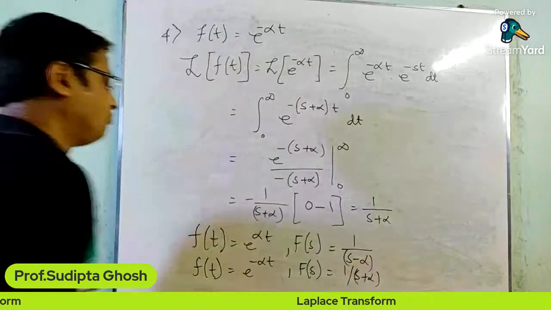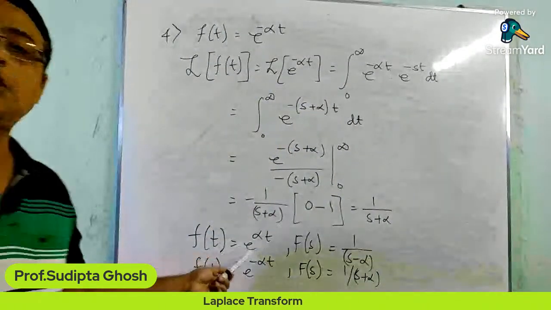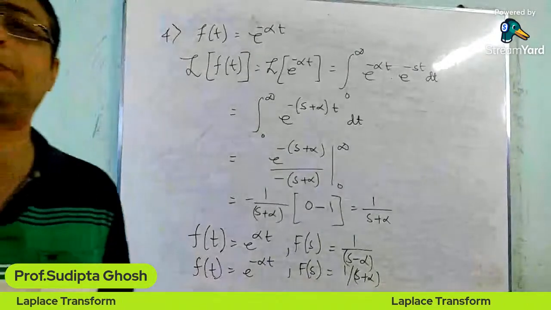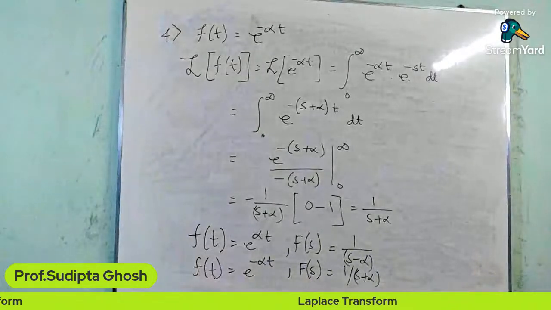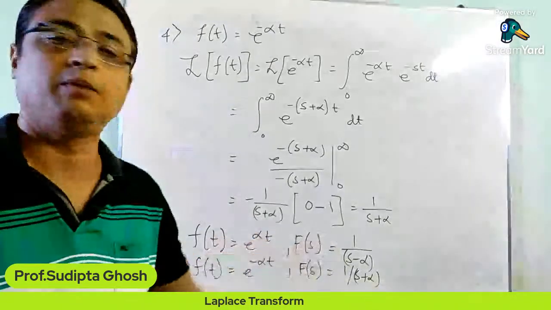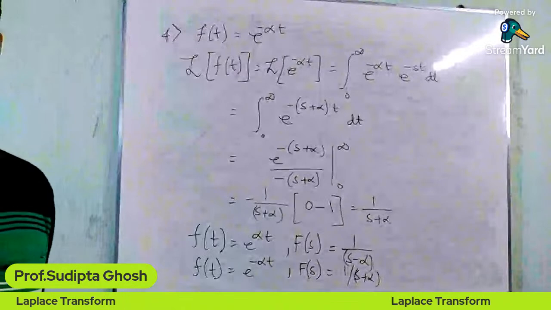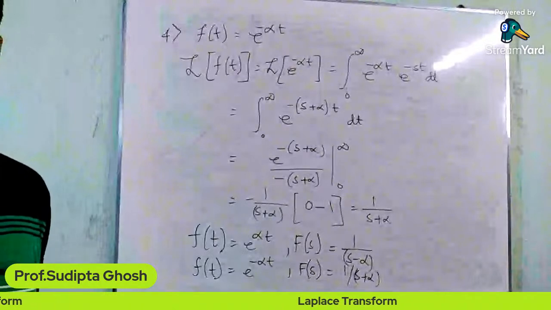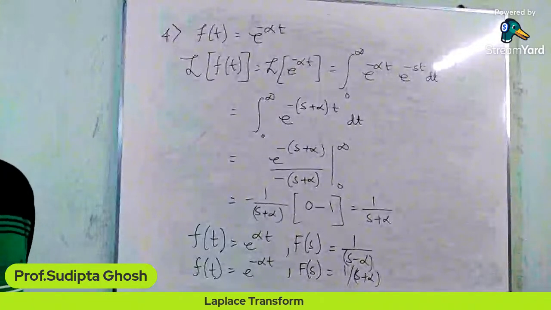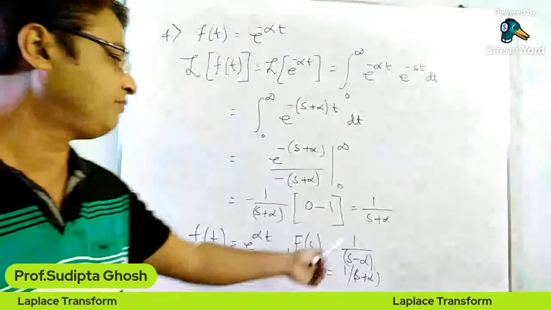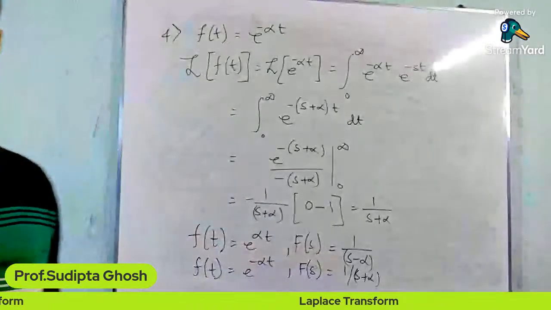So while the function has the form e to the power alpha t, or e to the power at, or e to the power bt, the frequency domain form is 1 by (s minus alpha), or 1 by (s minus a), or 1 by (s minus b). That is a constant term, alpha, a, b, whatever it may be, but the form is 1 by (s minus).